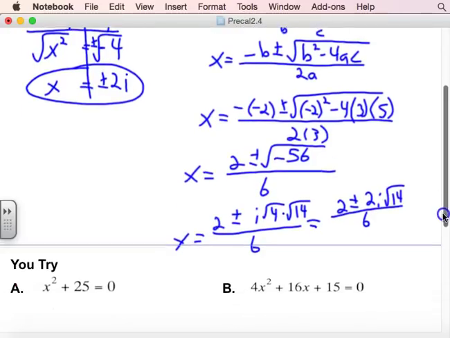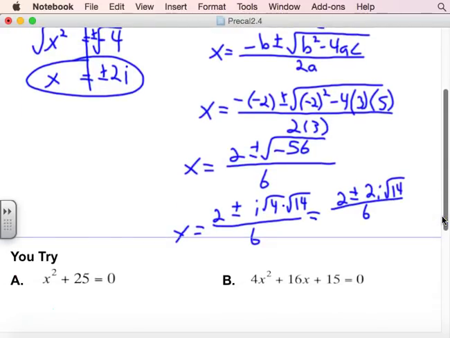So if we wrote our two zeros as complex numbers, we would get 2 over 6 plus 2 square root of 14 over 6 i, and of course 2 over 6 minus 2 over 6 square root of 14 i. But then that's going to reduce to 1 over 3 plus and minus square root of 14 over 3 i. All right, so that's plus and minus.